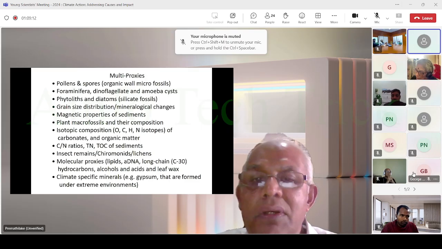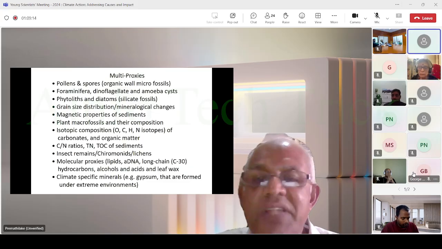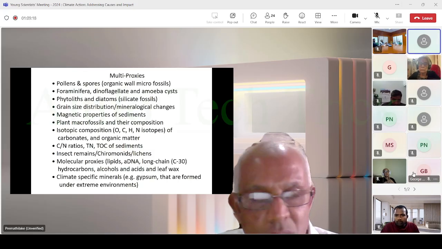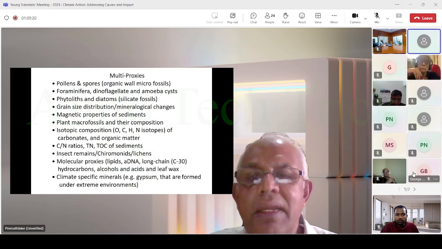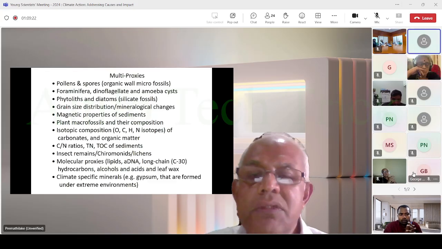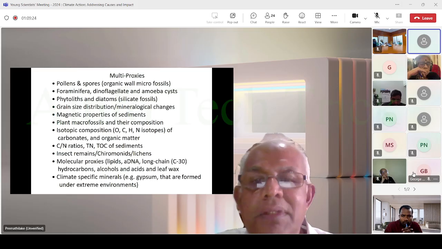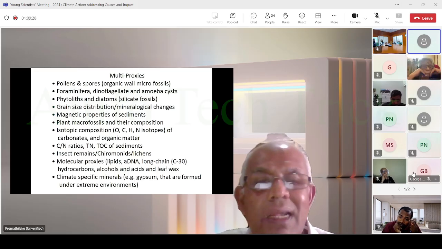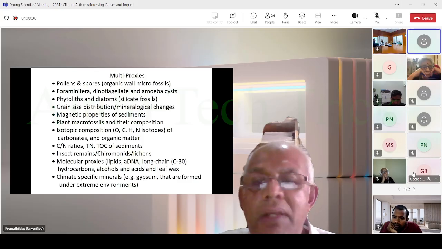Some people also use chironomids, insect larva fossils, which are not common in the tropics, but in temperate and high latitude areas are a very good proxy. Lichen is also an excellent fossil to record paleoclimate.